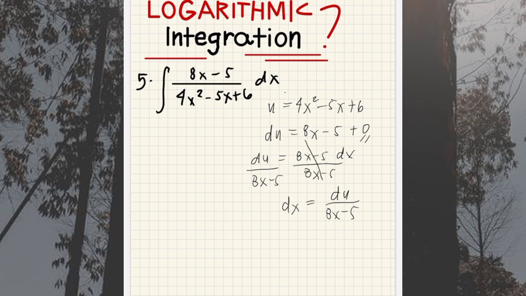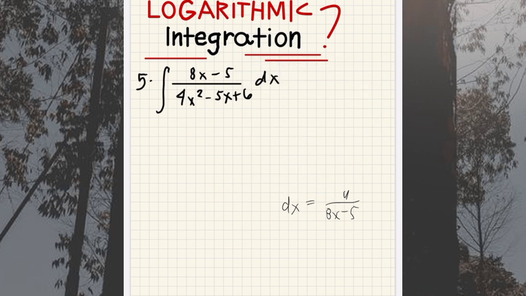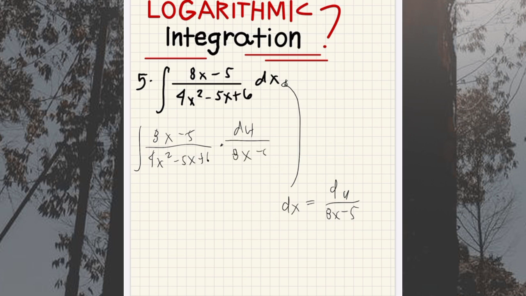Let's delete this. So we have to substitute it here. So this will become 1 over 4x squared minus 5x plus 6, multiplied by du over 8x minus 5. Cancel that out. We let the value for u be 4x squared minus 5x plus 6, right?